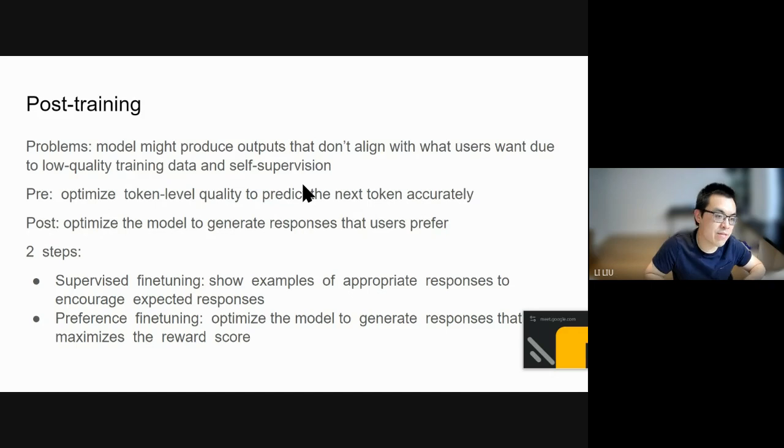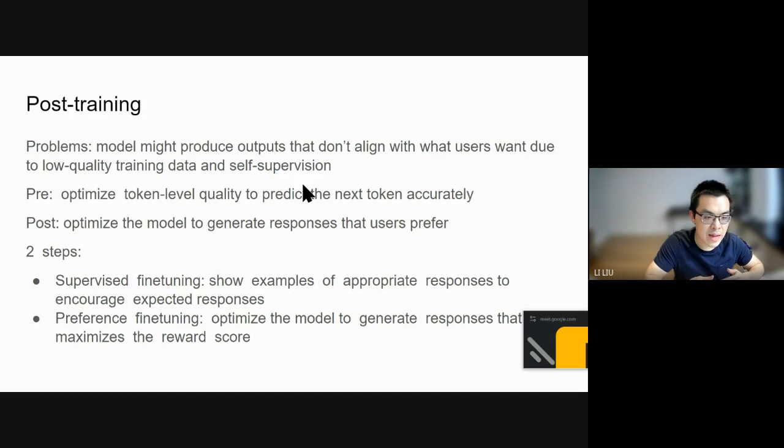And the book gives a very clear definition of the differences between pre-training and post-training. Pre-training will optimize the token level quality to predict the next token accurately. So that's what this model and the transformer architecture really try to do.